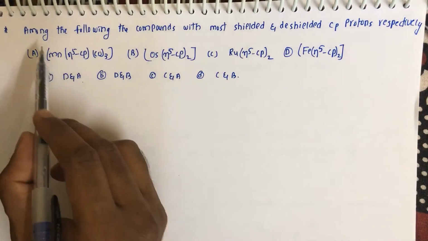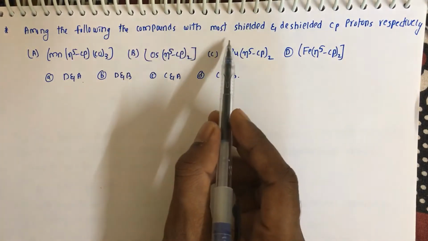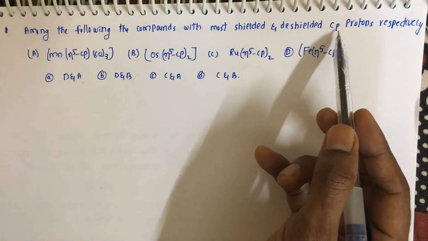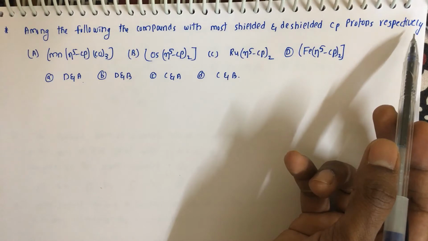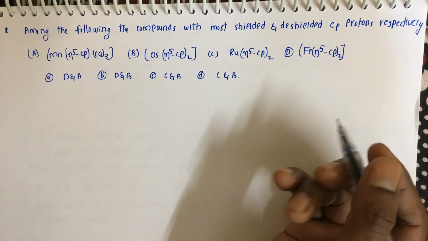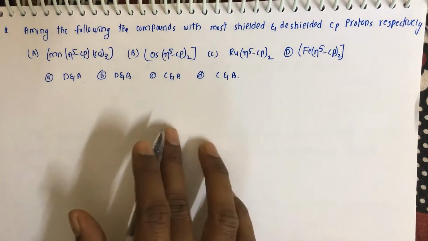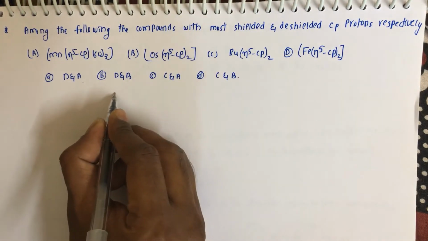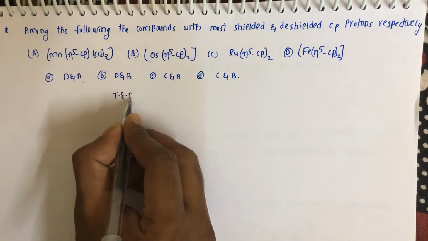And the next question is, among the following compounds, which are the most shielded and deshielded cyclopentadienyl protons respectively. In order to solve this question, first we have to calculate the total electron count, or the 18 electron rule.